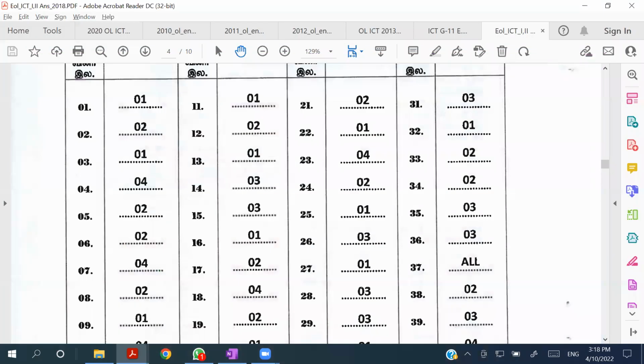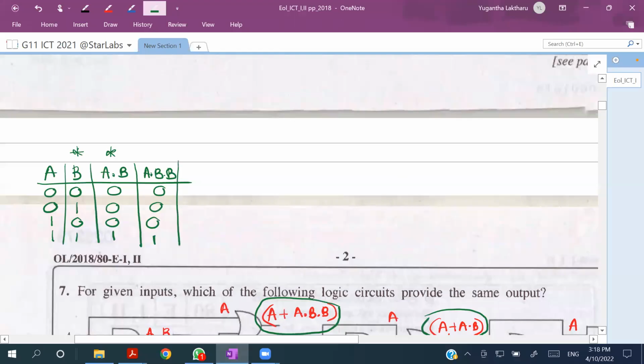And now we are going to create A plus A dot B dot B. To do that, we need this and these columns to get added.